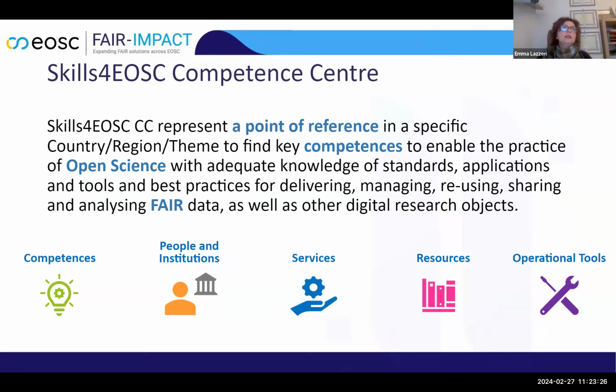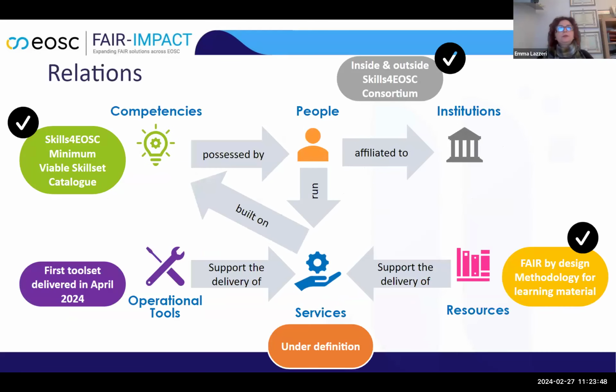And the competence center is composed of different elements. Of course, it is based on the competencies, but also on the people and institutions that join the competence center, services, resources, and operational tools. So how do these elements relate to each other?